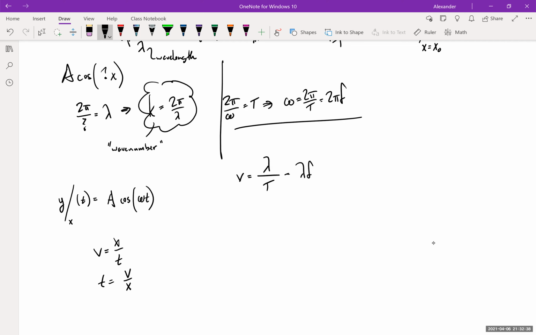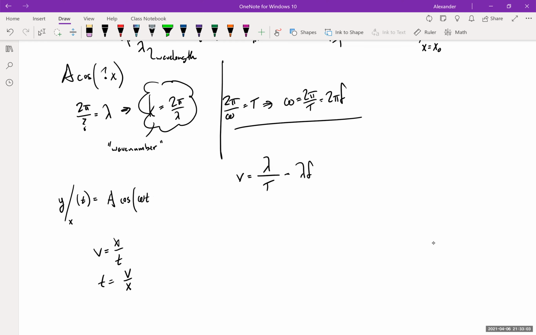But as time goes on, we just keep needing to take what time it is and subtract the time that it took to get to the point where we're interested.